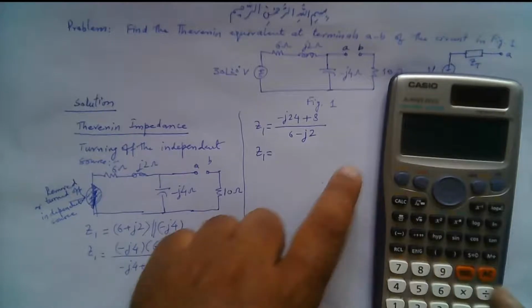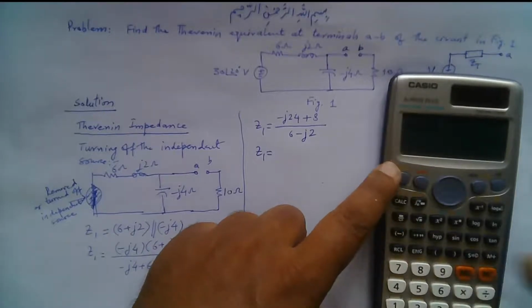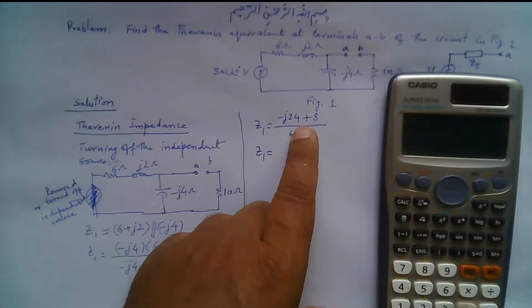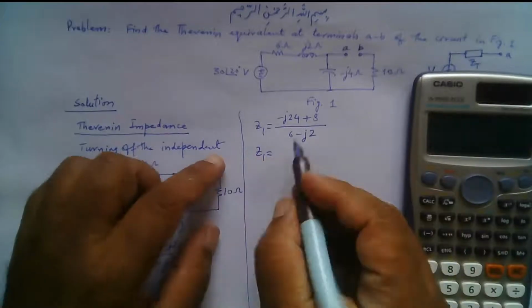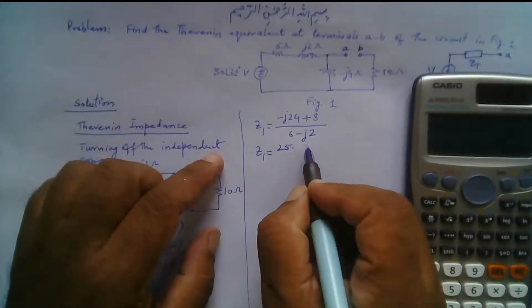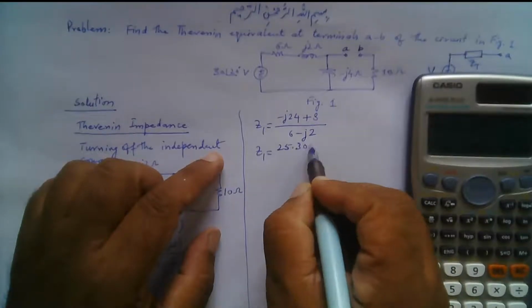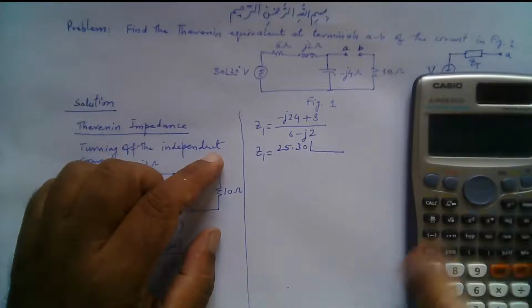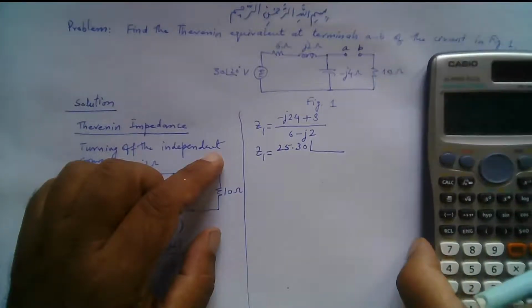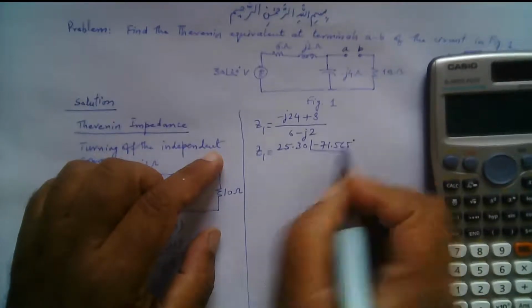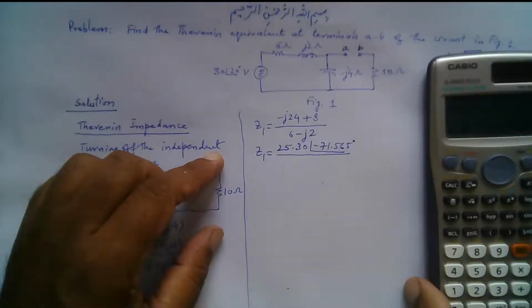So 8 and minus 24, when converted to polar form, will be 25.30 at an angle of minus 71.565 degrees, and that is divided by 6 minus J2.